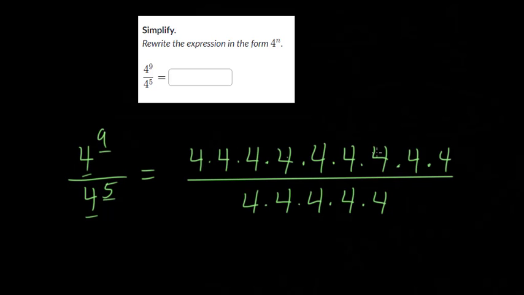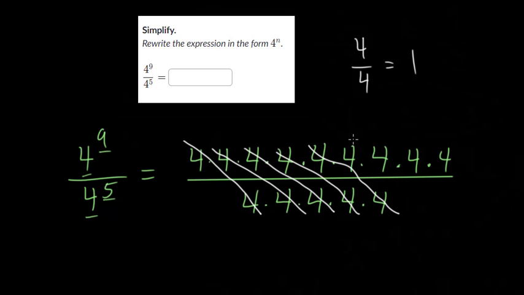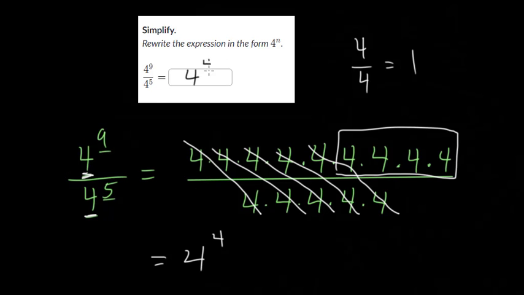And you can see with 9 up top and 5 down below, we can start making cancellations, since we know that 4 divided by 4 is just 1. So these cancel, these cancel, these cancel, those and those. And so in total, you would just have these 4 left. So this simplifies to 4 to the 4th power. But again, this matches up with our rule. Since they have the same base, you can just subtract the exponents. 9 minus 5 would give you 4. So in this box, you would put in 4 to the 4th power.